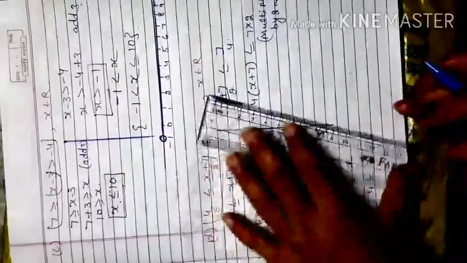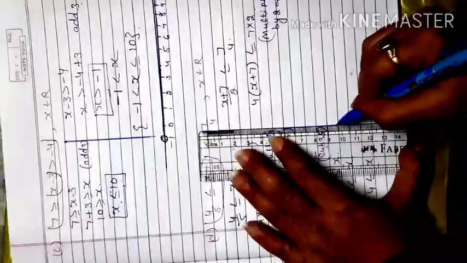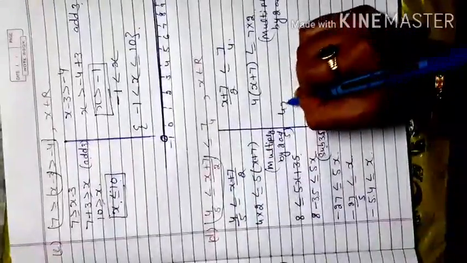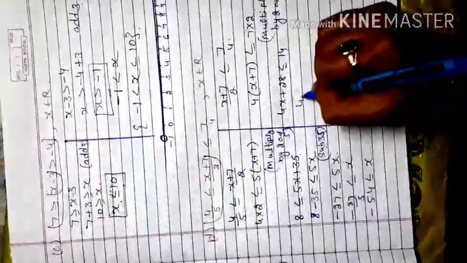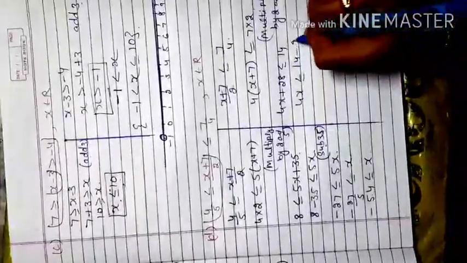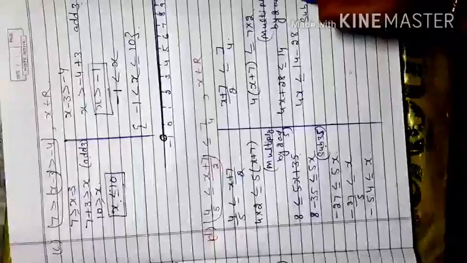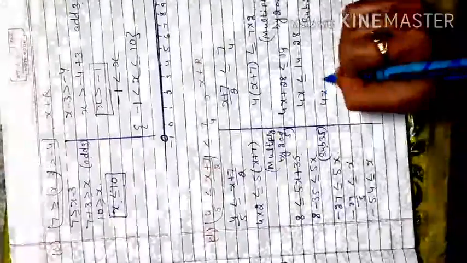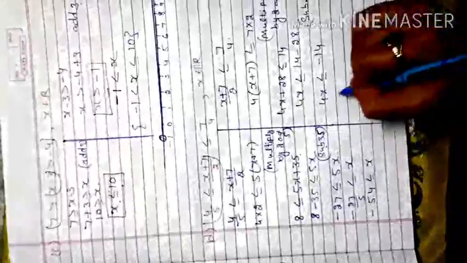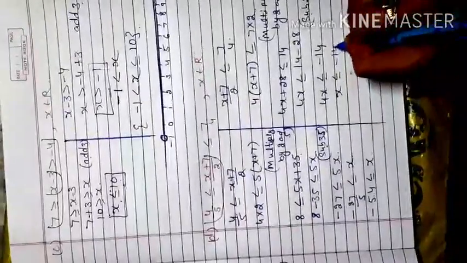Now when I solve the other side also, that gives me 4x plus 28 less than or equal to 14. 4x less than or equal to 14 minus 28. Subtract 28. So 4x less than or equal to minus 14. Now divide by 4.